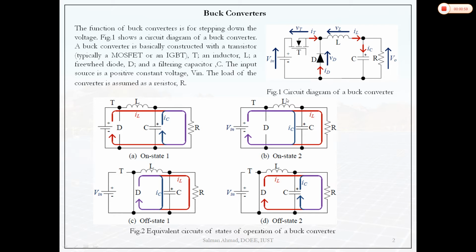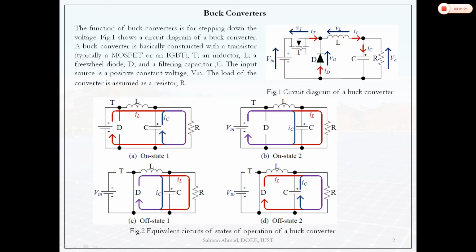So this is the circuit diagram of a buck converter. You can see that we have used one MOSFET switch. MOSFETs are normally used in DC-DC converters because they can be turned on and off at a very high rate.